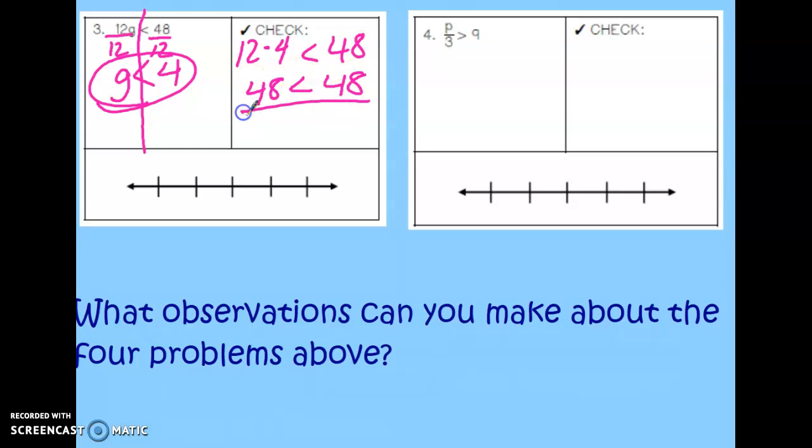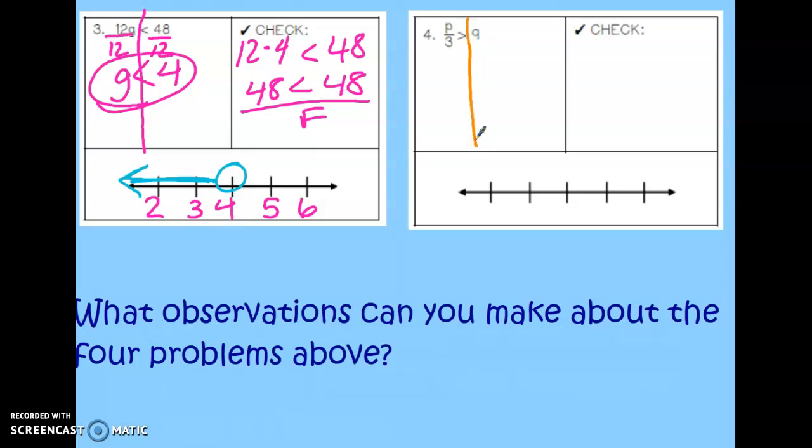This is not a true statement, but I do get the same answer, so I know that my answer is correct, but I also know that I'm going to have an open point. So my open point on the 4, and it's less than, so I am shading to the left. Okay, let's try another one.